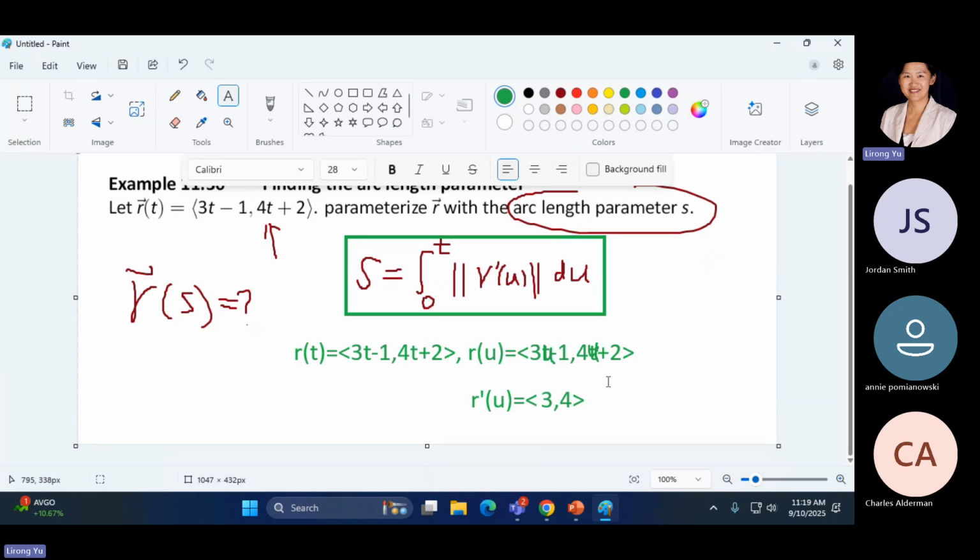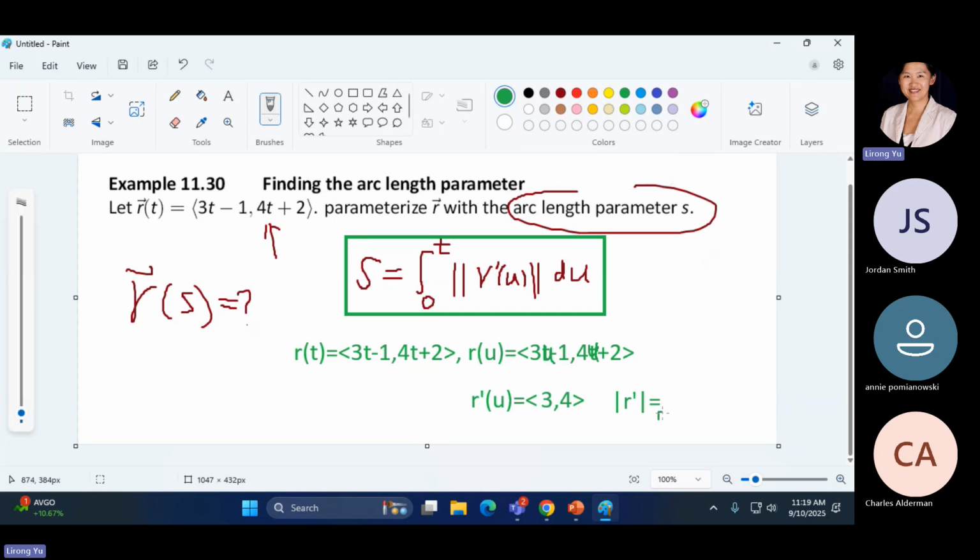Here is the magnitude. The magnitude of r prime is constant, because the u or t is gone. So it's the square root of the sum of squares of the components. So it's going to be 3 squared plus 4 squared, which is root 9 plus 16, which is root 25, which is 5. There we have it.